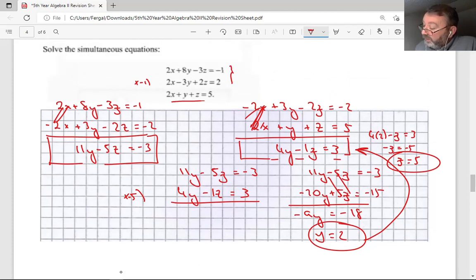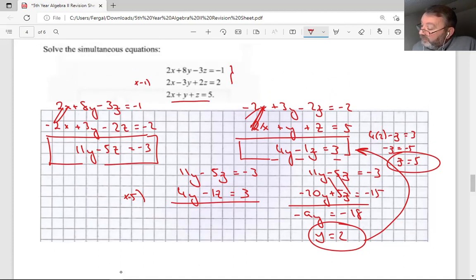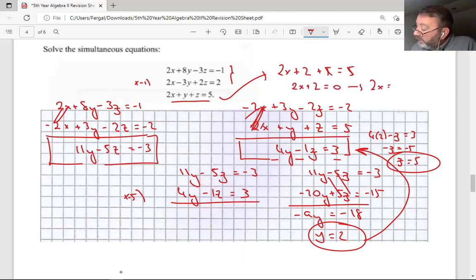I'm going to take this one here and put in y and z. So you end up with 2x plus y, which is plus 2, z, which is plus 5, and that's equal to 5. So those 5s will cancel. So that will give me 2x plus 2 is equal to 0. 2x equals minus 2. So x must be minus 1. And there's your third value, x, y, and z.